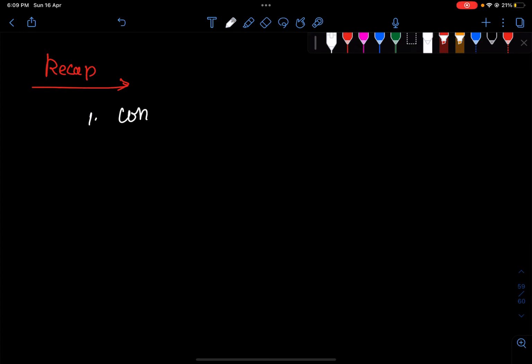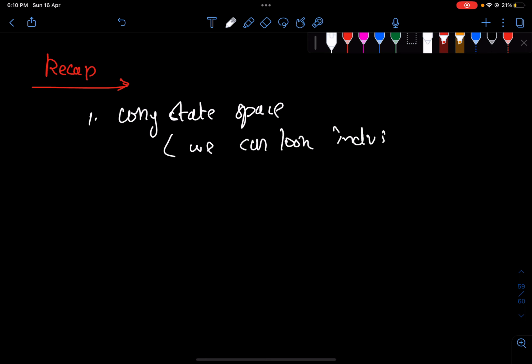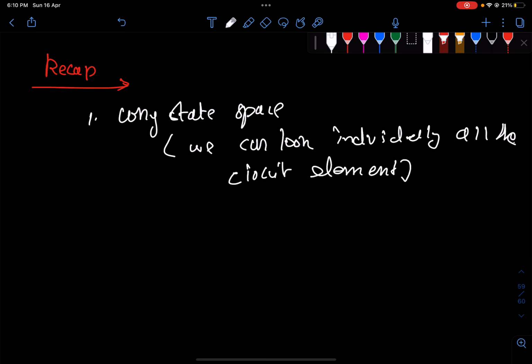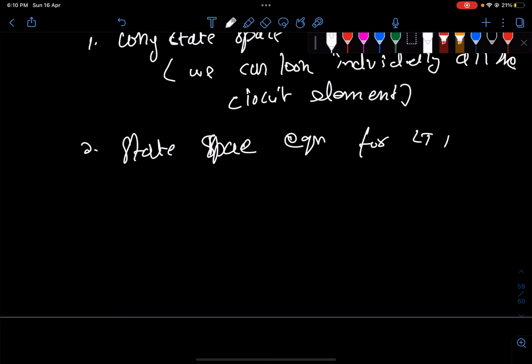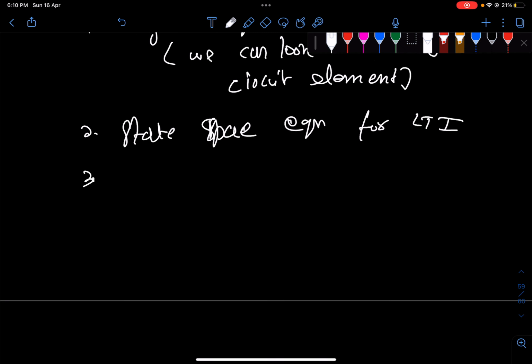First we started with why state space, where we looked individually at all the control system circuit elements, like energy storage elements, capacitor, inductor, and how they vary. Then we declared the state space equation for LTI, and its representation using matrices.